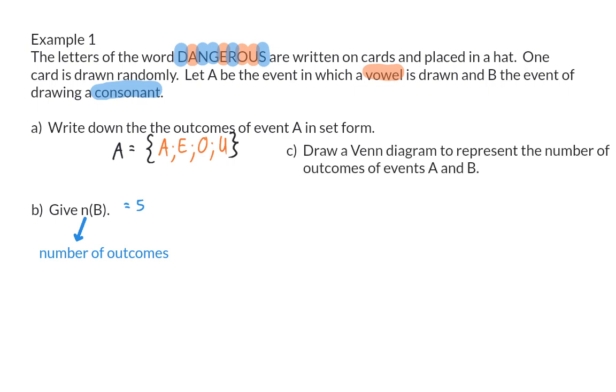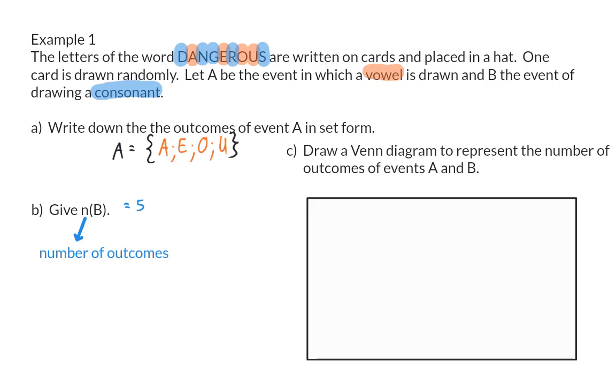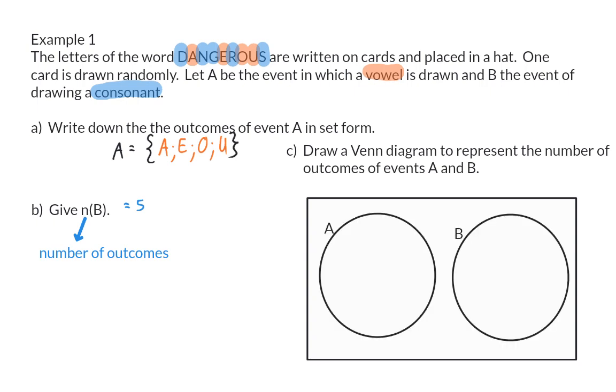Question C. Draw a Venn diagram to represent the number of outcomes of events A and B. In our Venn diagram, we will have 2 circles for the 2 events. These 2 circles will not intersect because there are no vowels that can also be consonants. We are asked to indicate the number of outcomes. The word dangerous has 9 letters in it, so our sample space has 9 possible outcomes.